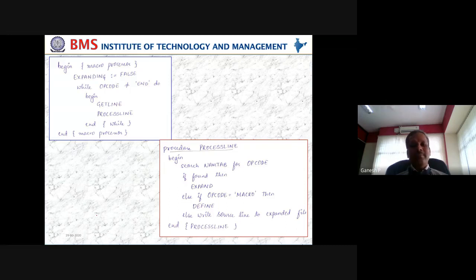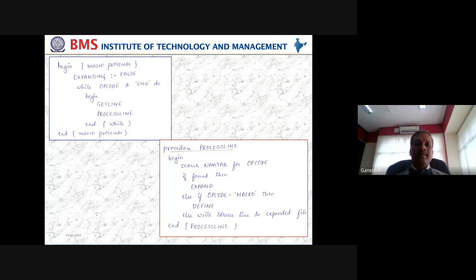That processing can be either macro invocation processing or macro expansion processing. So we'll see soon. When you enter into the macro processor with this program, initially expanding is set as false because you will be doing other things as well, not only expanding. So until you reach the end of the program, take each line and process it. The processing can be expansion or no expansion.